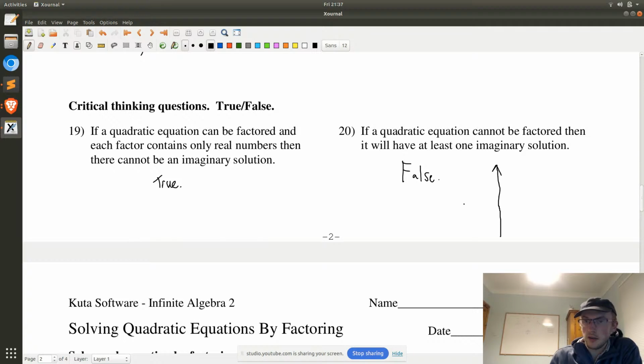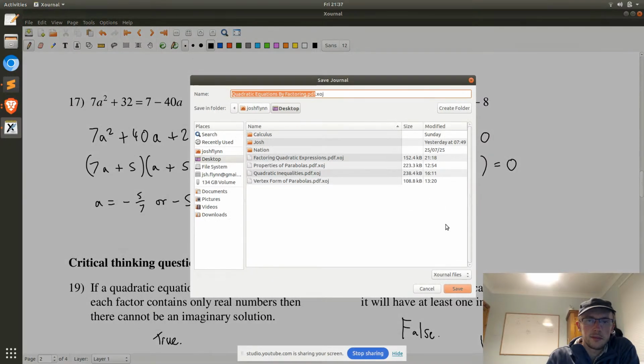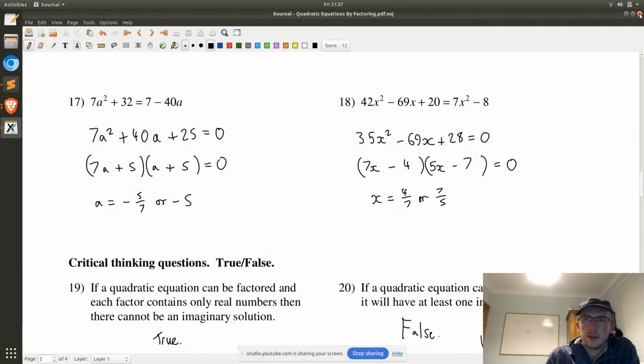Factored with integers? Because I can always conjure up a quadratic that has horrible non-whole number roots, and that doesn't need any imaginary solutions. Okay. So that one's done.